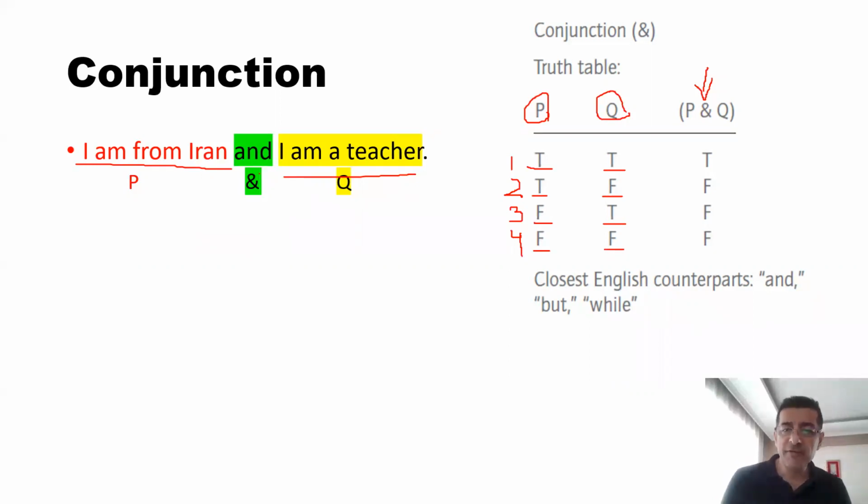But what happens if my first proposition is true and the second proposition is also true? Then this operator and would be true. Okay? And actually, it's the only time that and can be true, when both P and Q are true. Other than that, it will always be false. So, I think this is clear, right?